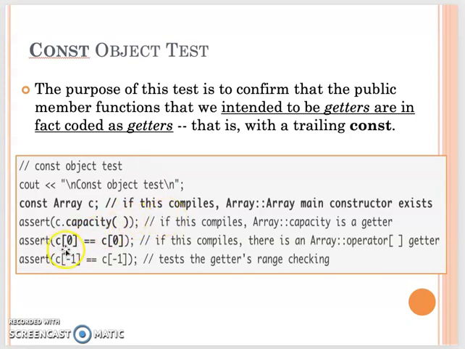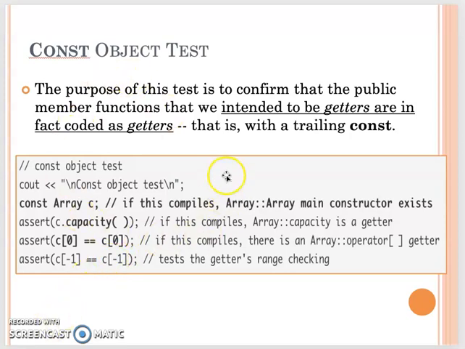Then you have C get 0, and since we just compare, they should be the same. Each one, because C is the constant object, calls the constant square bracket getter function.